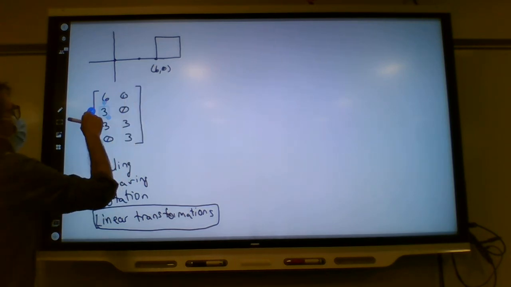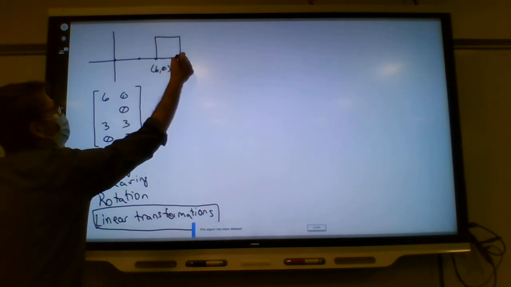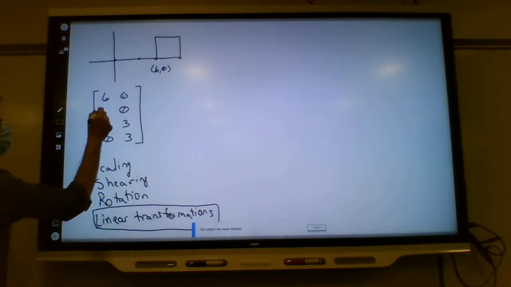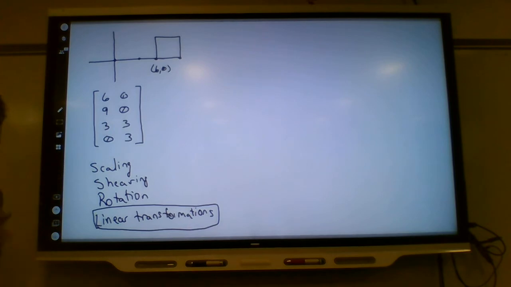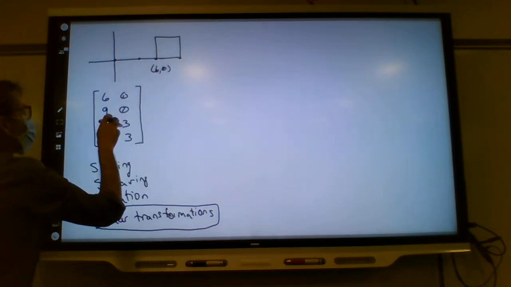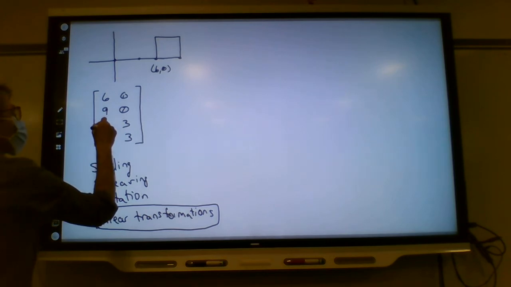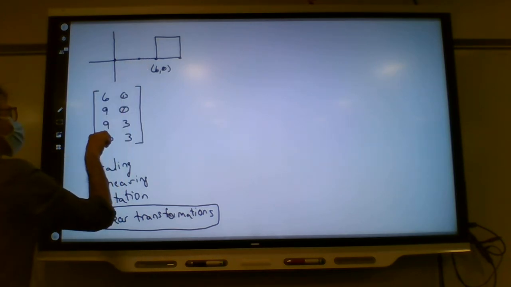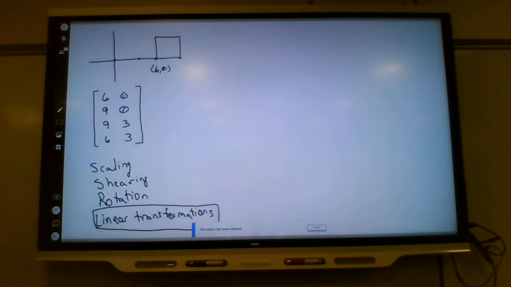What is the next corner? What's this point? That would be at 9, 0. That corner up there? 9, 3. And the top left corner? 6, 3. Is at 6, 3.